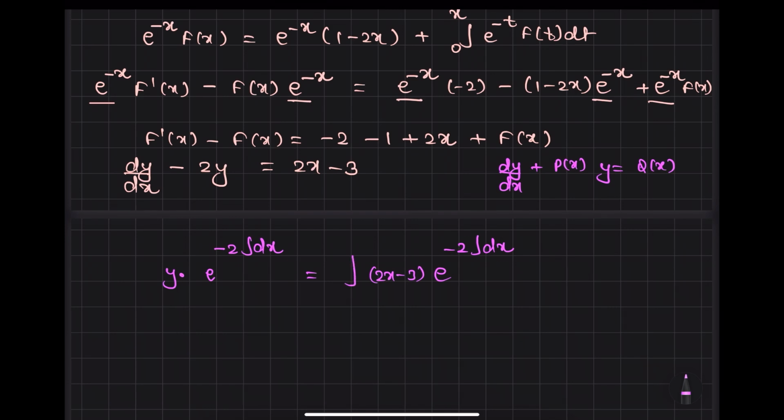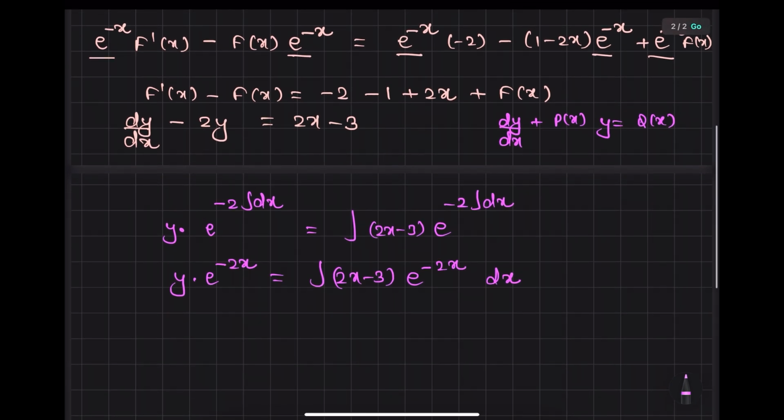Now we have to integrate. Look at this idea: y times e power minus 2x is equal to the integration of 2x minus 3 times e power minus 2x dx. Here we have to apply integration by parts. We will consider a first function and a second function, and we will take help of ILATE.